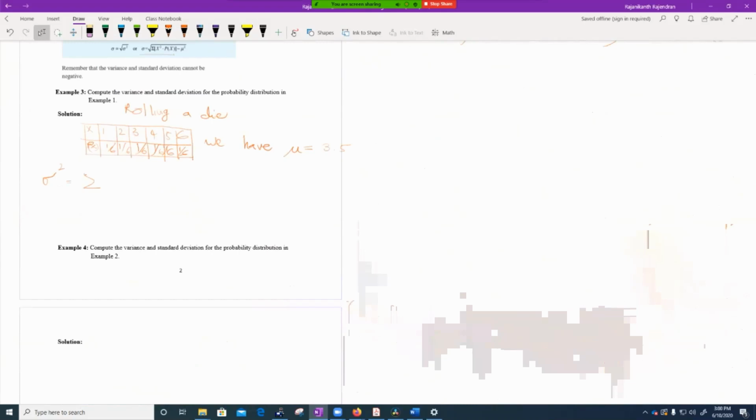The formula says that variance is given by the value squared times its corresponding probability, then summation, then subtract mu squared. So let us figure out this part first. Take the data value, then square. My first possible x value is 1. So 1 squared times its corresponding probability p(x), which is 1/6. Then plus, summation means adding.